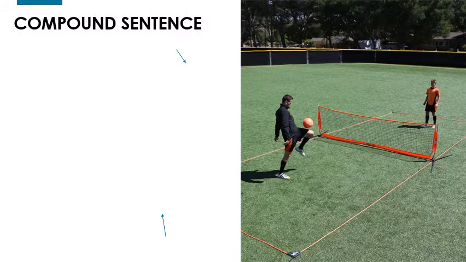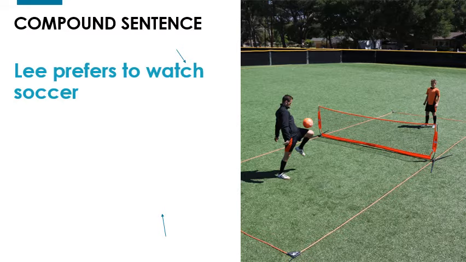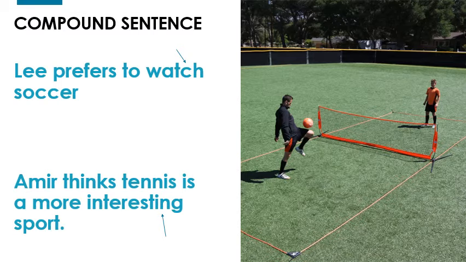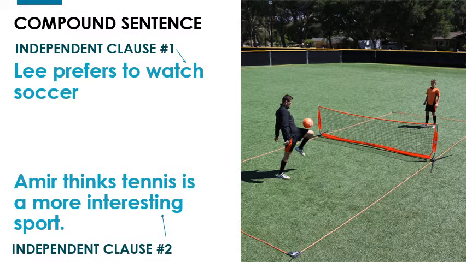So let's take a look at an example here. We have an independent clause here: Lee prefers to watch soccer. And another independent clause: Amir thinks tennis is a more interesting sport. So independent clause number 1 plus independent clause number 2, how do we add them together?